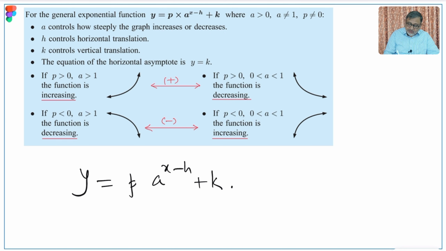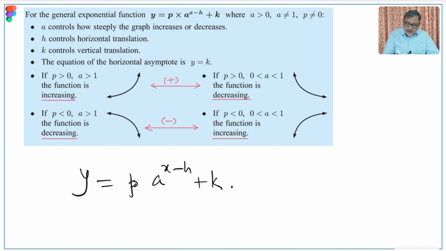Now if your coefficient becomes negative, then your y value will be negative. So when the sign of y changes, the graph is reflected in the x-axis. You all know about it, right?